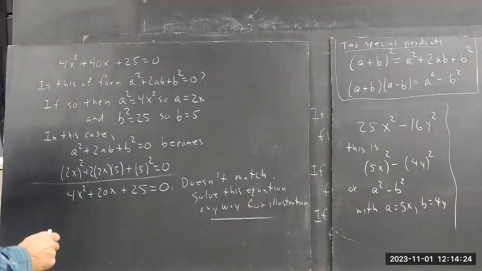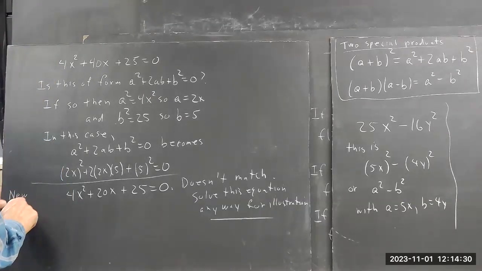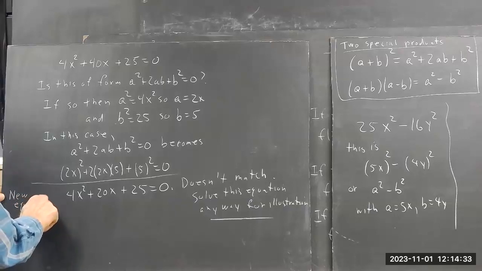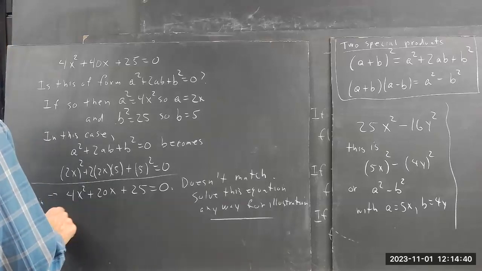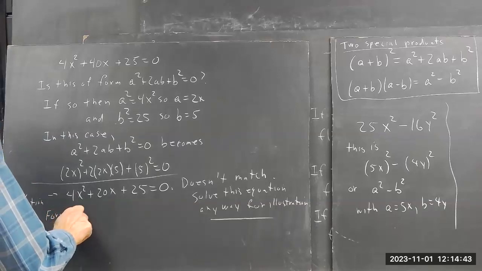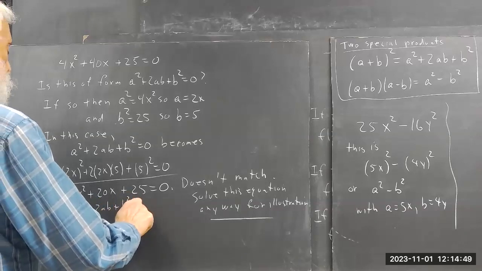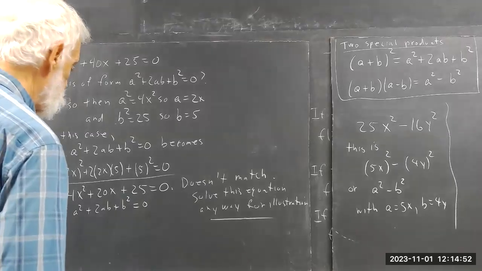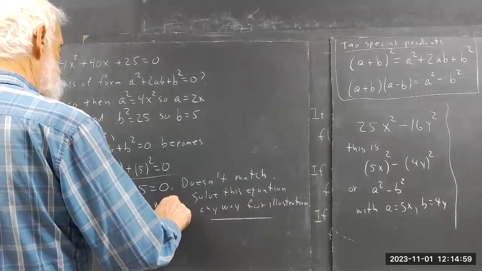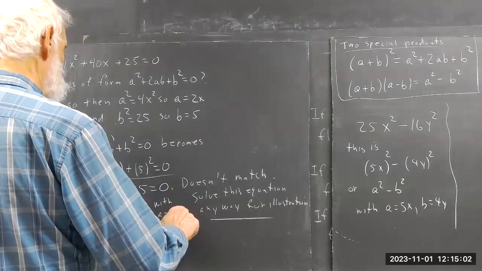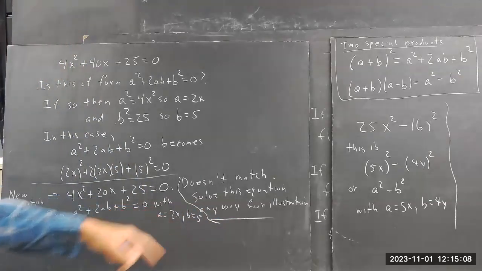Okay. So this is a new equation, and this is for this form, with a equal to 2x and b equal to 5.